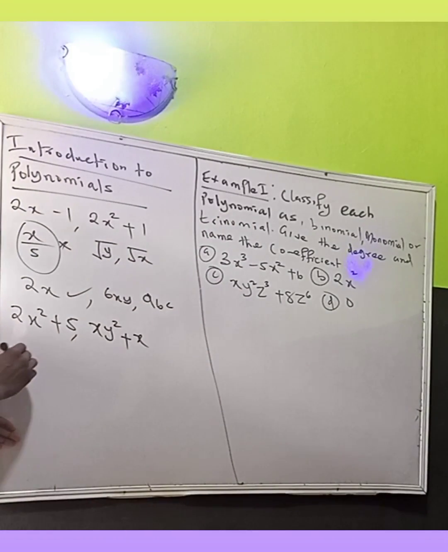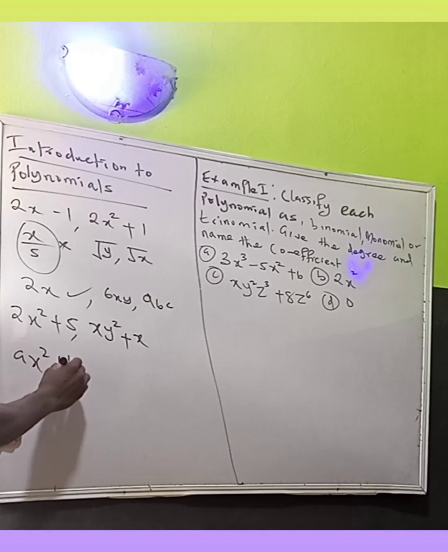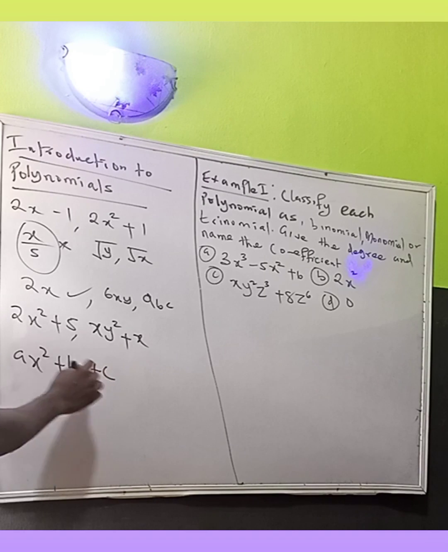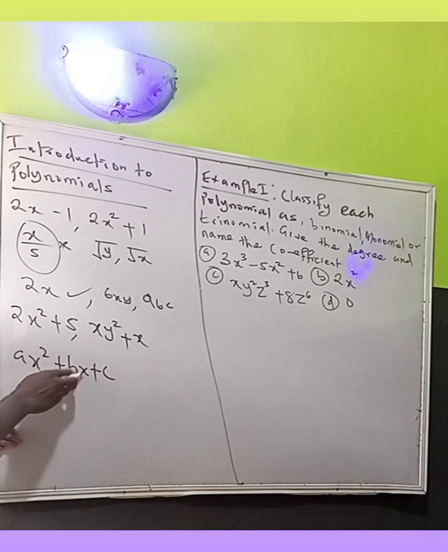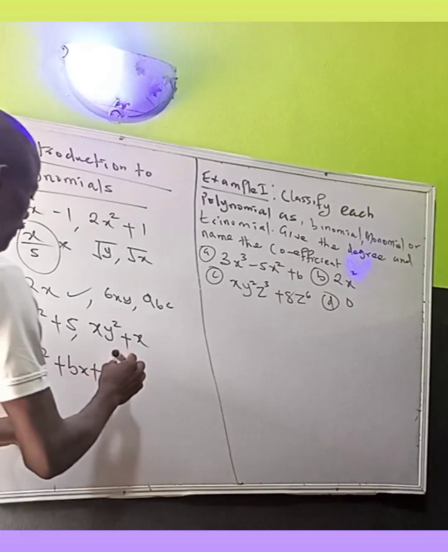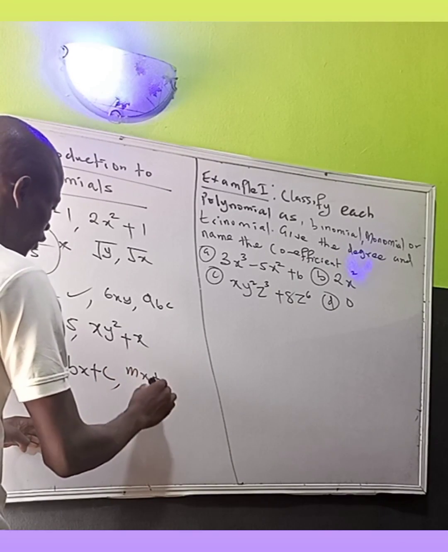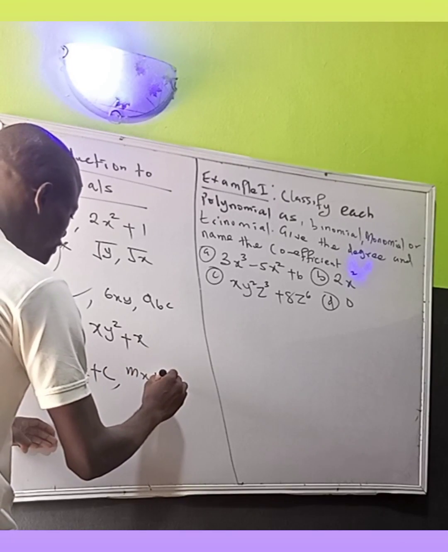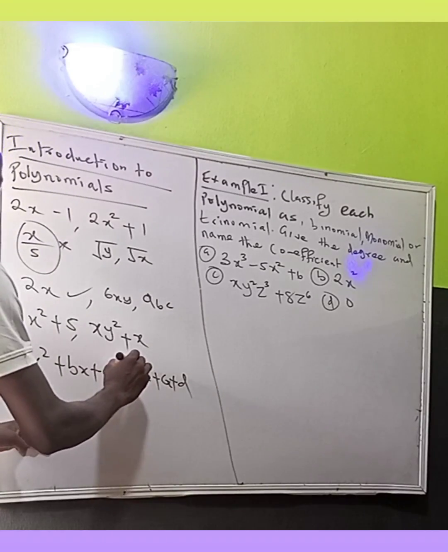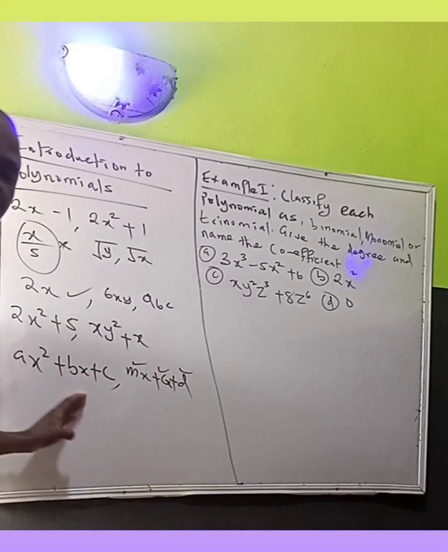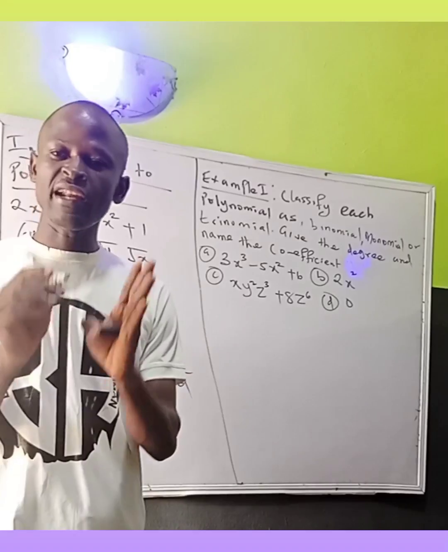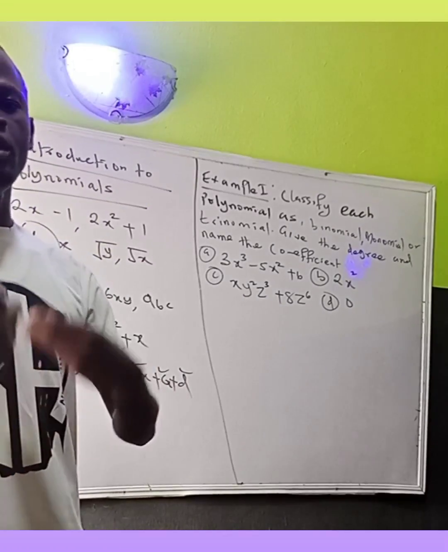I can have ax squared plus bx plus c, first term, second term, third term. I can have mx plus c plus cx plus d. This is first term, second, third. This is a trinomial. So these are the things you need to know about a polynomial.